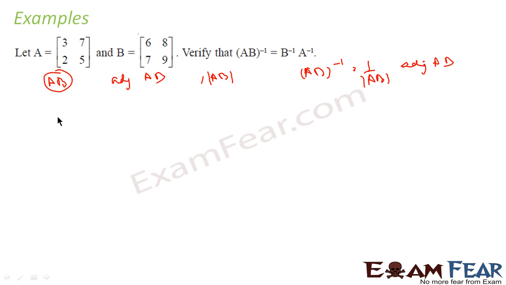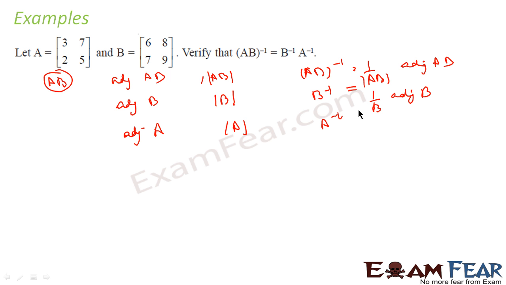Similarly, we can do the same thing for B. I can find the adjoint of B, then the determinant of B, and B inverse is nothing but 1 by the determinant of B into the adjoint of B. Similarly, for the inverse of A, I can find the adjoint of A and the determinant of A, and then A inverse is nothing but 1 by the determinant of A into the adjoint of A. So I have the inverse of AB, B inverse, and A inverse. Then I can prove that the inverse of AB, whatever comes out to be, is nothing but the product of these two matrices. You can do it, it's very simple.